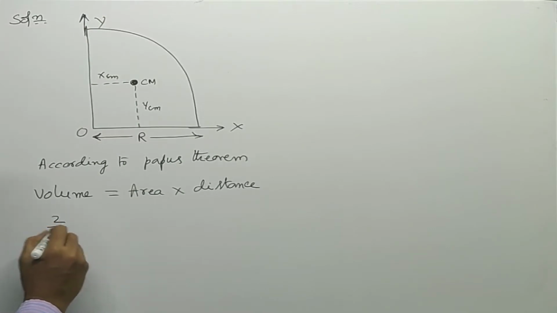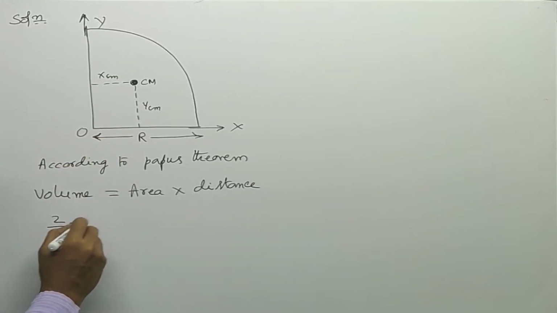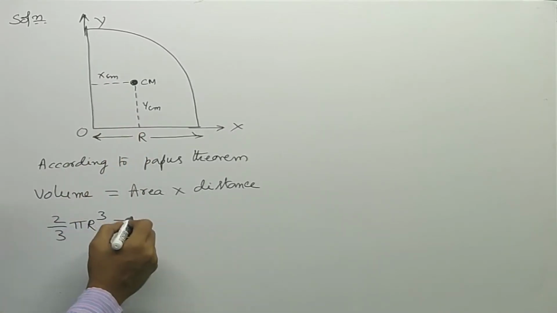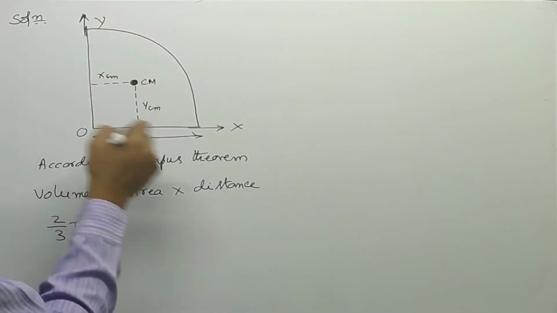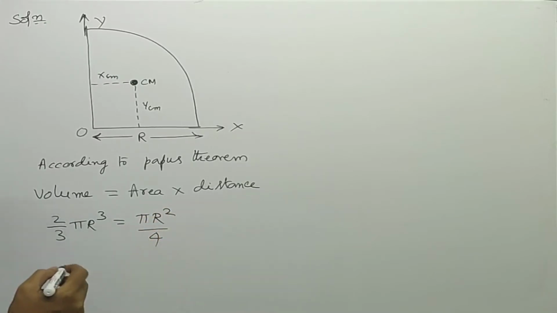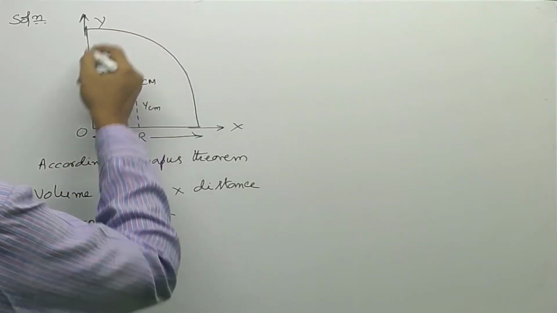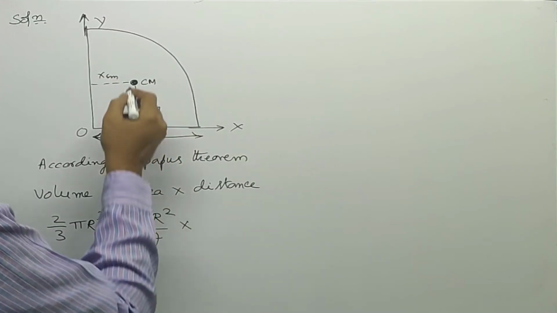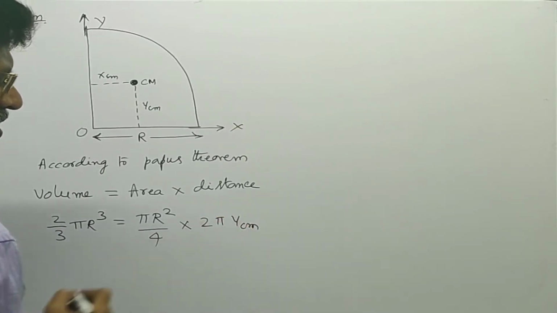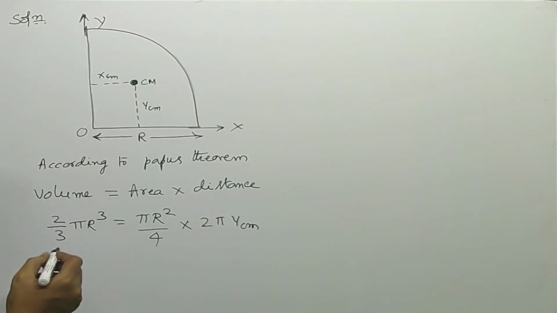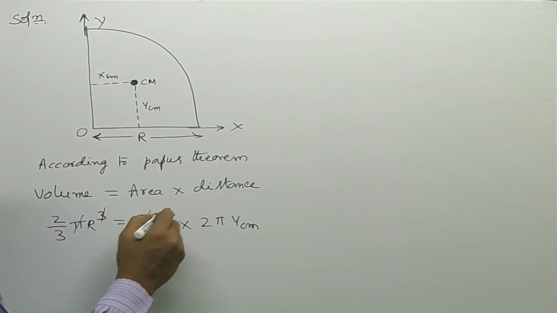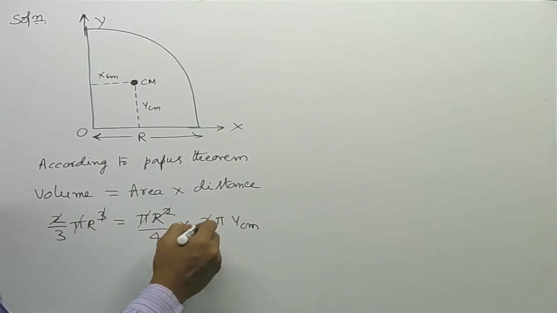That is, the volume of the covered portion, 2 by 3 pi r cube, is equal to the area of the given portion, that is pi r square by 4, times the distance travelled by the center of mass, 2 pi r, where r is ycm. Now here pi cancels, one r square cancels on both sides, 2 cancels.